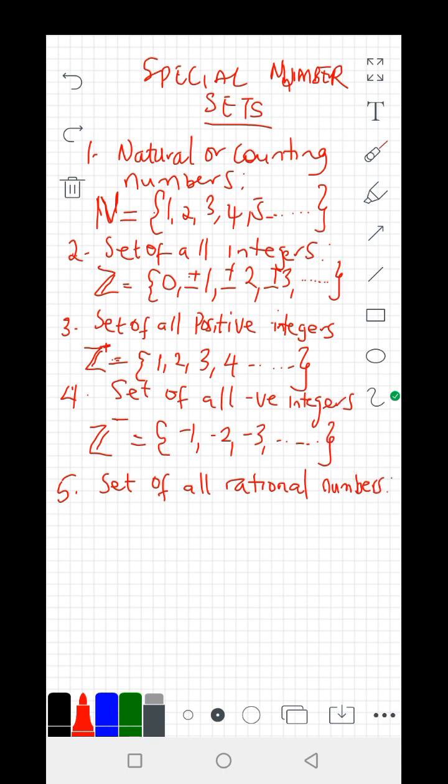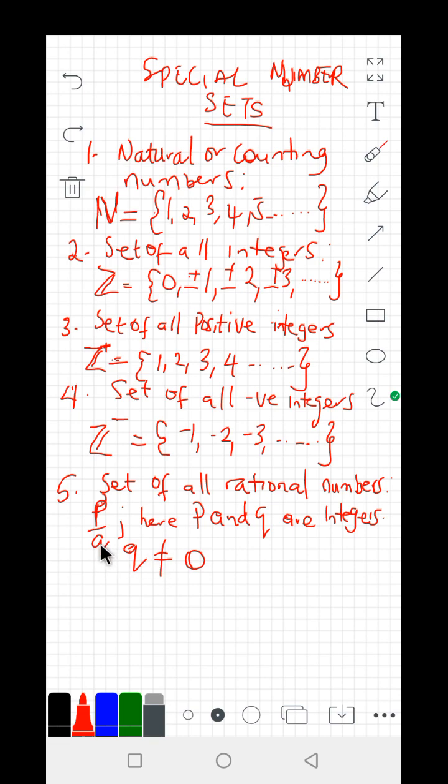When we say rational numbers, we mean numbers that can be written in the form of P over Q, where P and Q are integers, and Q is not equal to 0.